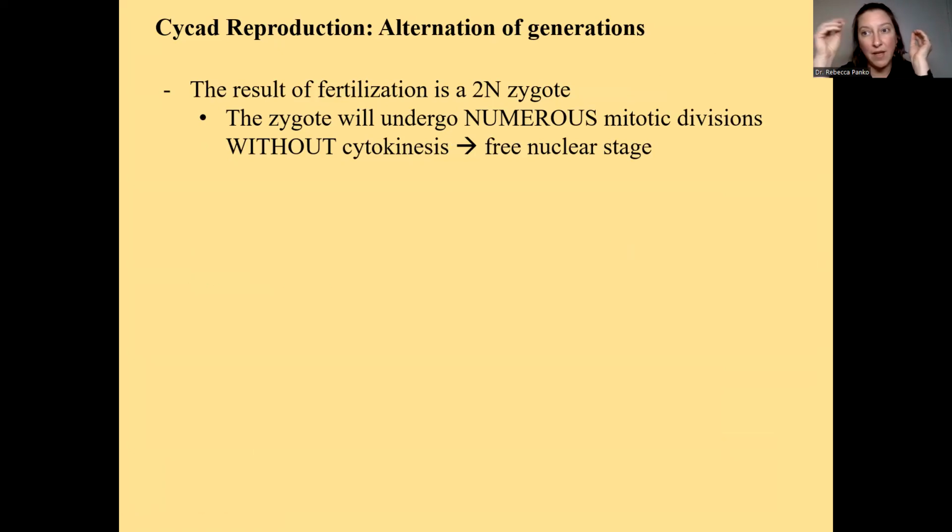So obviously when you have a haploid egg and a haploid sperm come together, it results in a 2N zygote. And the zygote for cycads is actually going to undergo lots and lots of mitosis without cytokinesis.